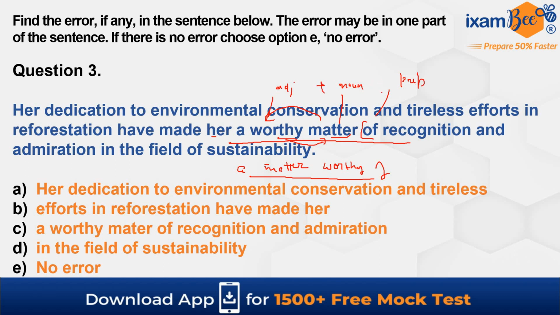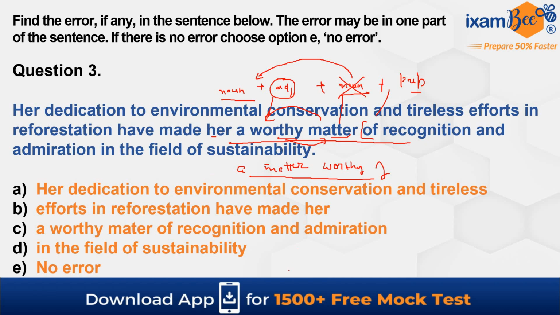So when you have a structure like this, when you have an adjective that's being followed by a noun and the noun is followed by a preposition, so what do you do? You place the noun before the adjective, right? So the structure should become noun plus adjective plus preposition. Hence it should be matter worthy of recognition.